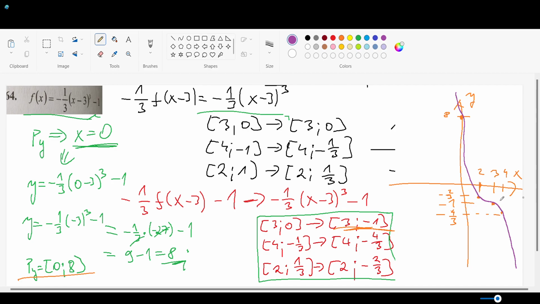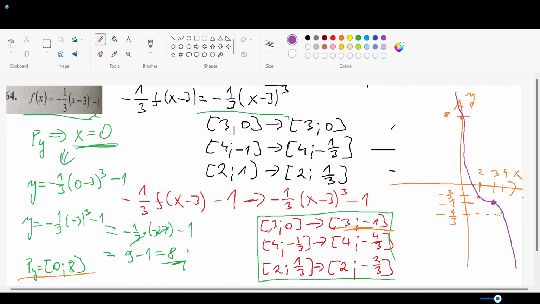Okay, so this is my crucial point, and now I want to compare my result with Desmos, which is the most clever idea you can do. I'm gonna use Desmos, and I'm gonna show you a proper graph of this function, which is this one.